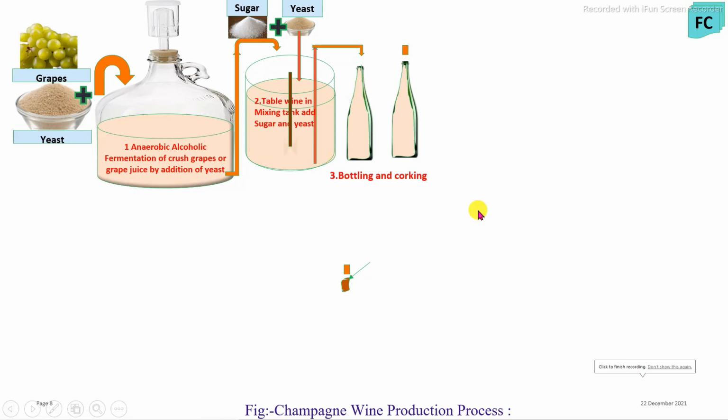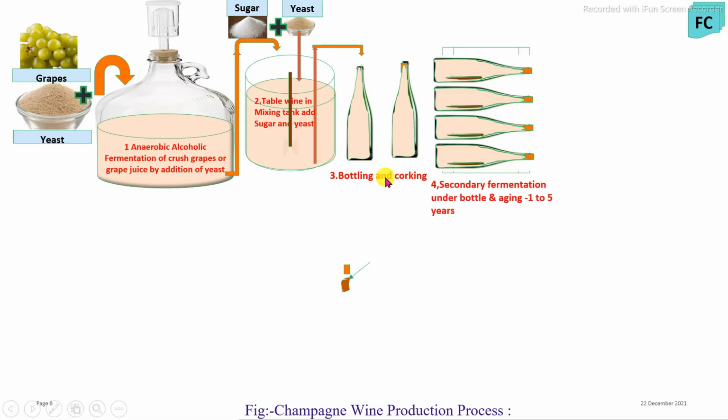After the filling and sealing, the bottles are stored for the secondary fermentation process, in which the bottles are loaded into racks in a horizontal position. Fermentation and aging are carried out inside the bottles, for a basic time of 1 year to a maximum of 5 years. During aging and fermentation, the excess sugar added is converted to ethyl alcohol and carbon dioxide, and the carbon dioxide is retained inside the bottle in dissolved form.